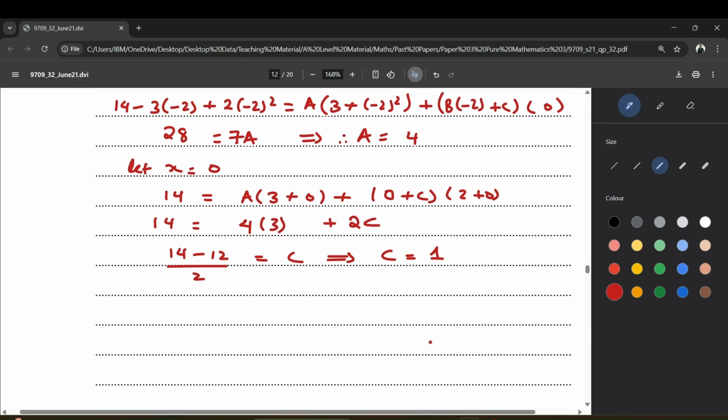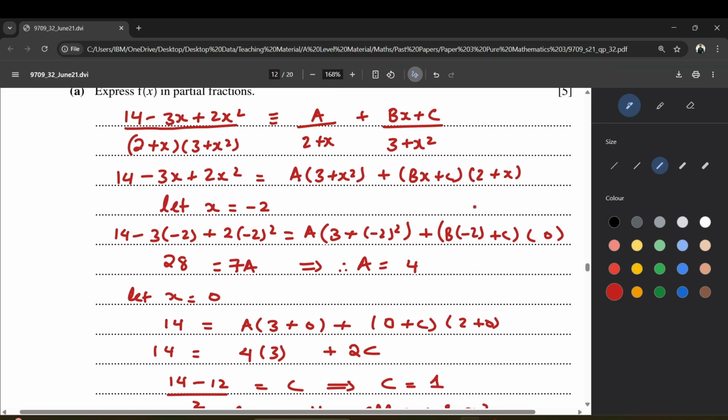Now in order to find b, we can compare the coefficient of x square, because now there is no value of x for which I can cancel other numbers and find b. Yes, there is another way.